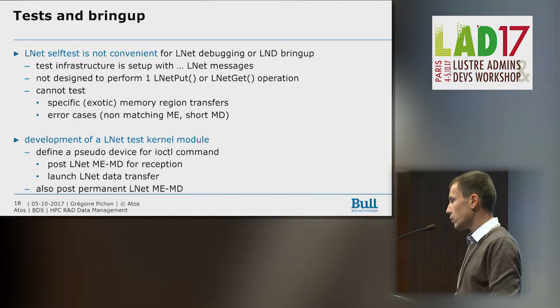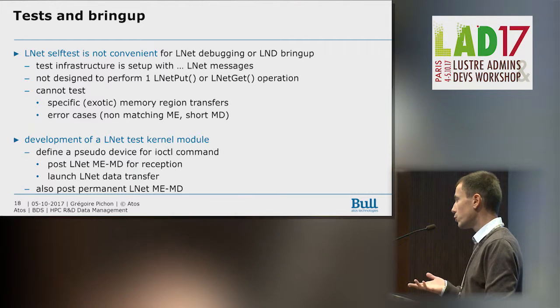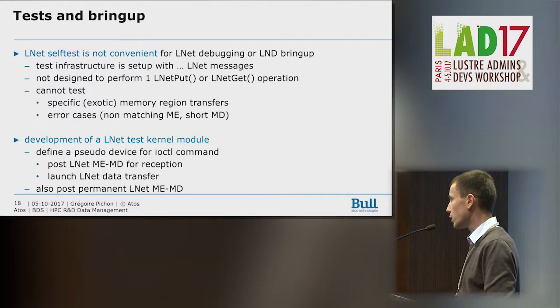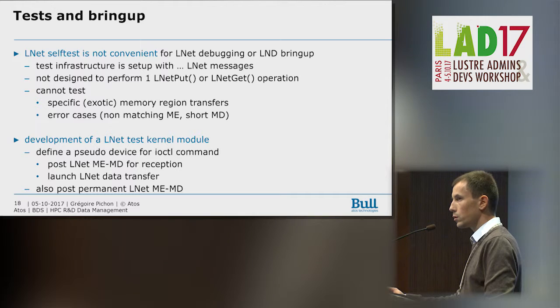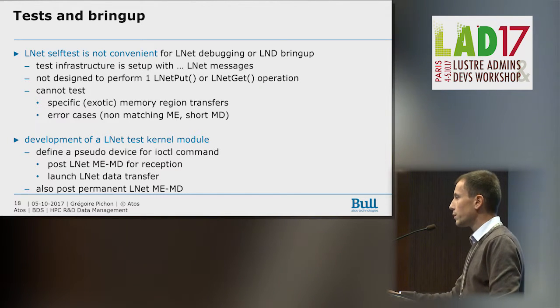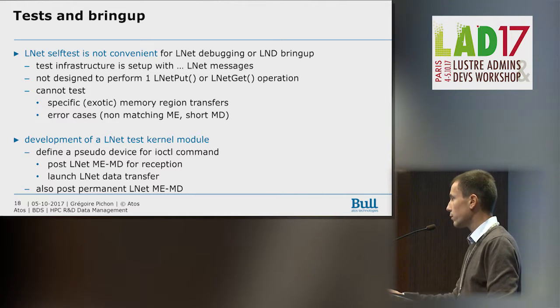So this led us to develop an LNet test kernel module, which allows us to specify reception memory buffers and also trigger data transfers with our own specification of the memory description to use. This is probably something that could be helpful for everyone who wants to test or set up the LND layer or LNet itself.